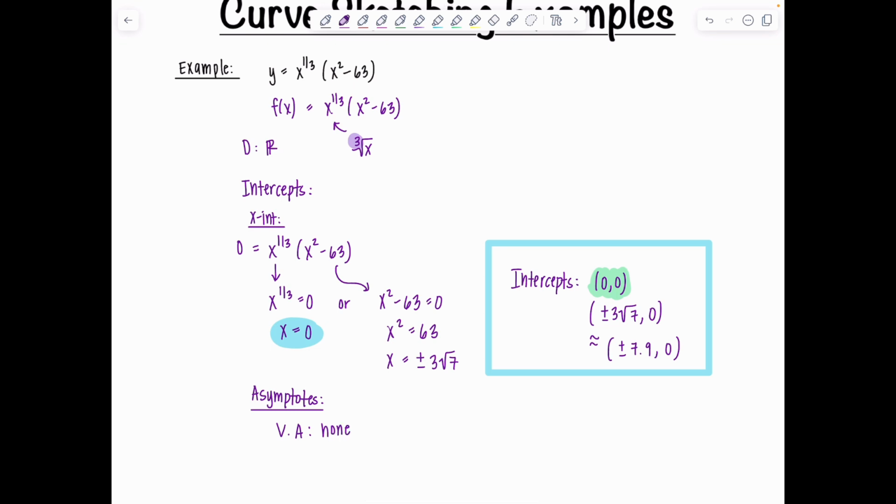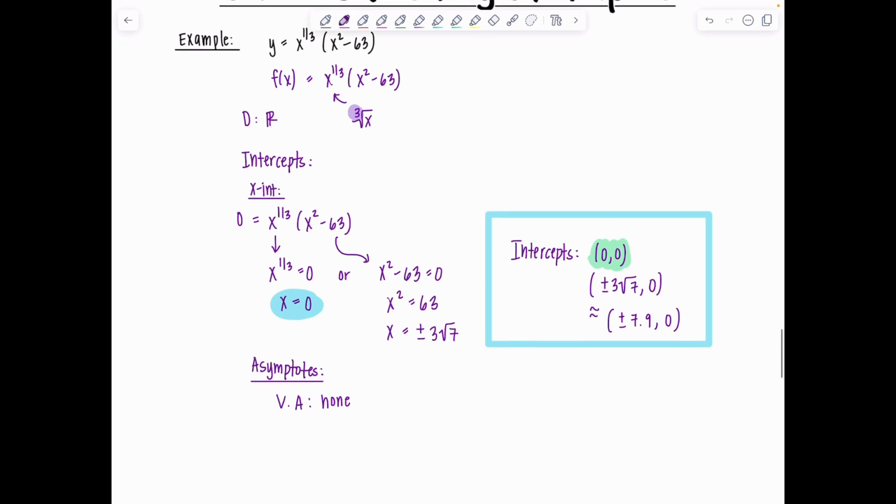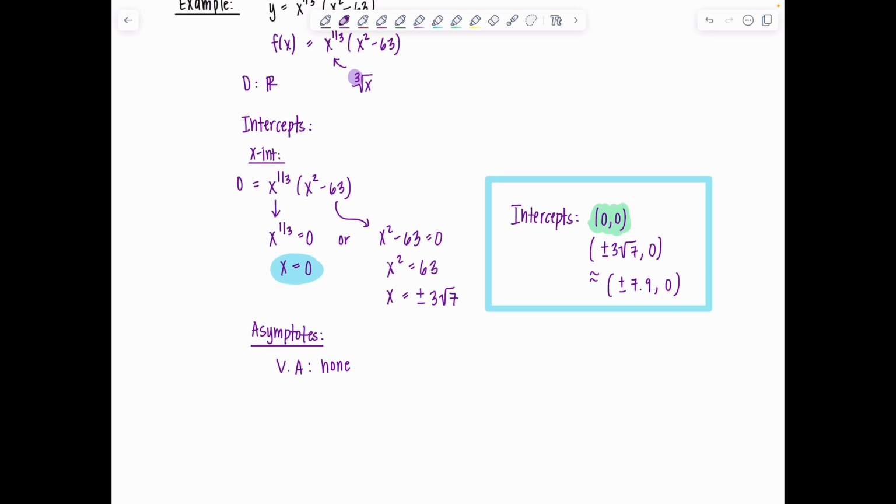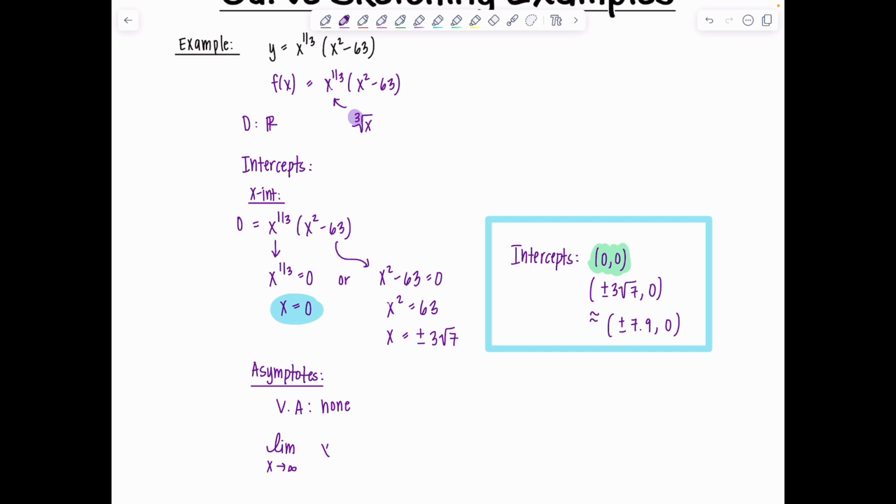Do I have perhaps horizontal asymptotes? Well, the way you check is you take the limit as x goes to infinity and negative infinity. Another word when you're studying horizontal asymptotes is the end behavior of a graph. So when you hear that word end behavior, you should think limit to infinity. So let's take the limit as x goes to positive infinity of our function f of x, x to the 1/3 times x squared minus 63.